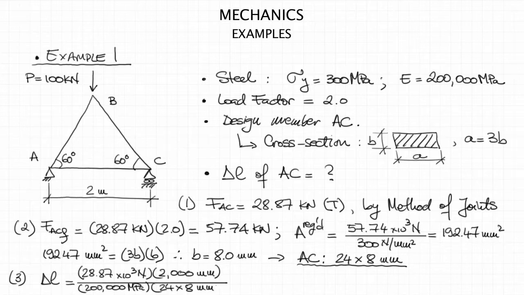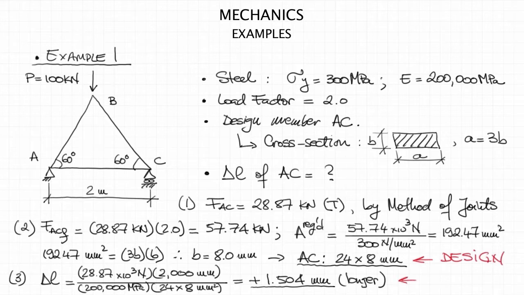And also the calculation of deflections does not need any safety included in it, so we're just calculating the actual elongation, so therefore the force used in the formula is the specified force. This would lead to a member in tension becoming longer by plus 1.504 millimeters. Not that much really.